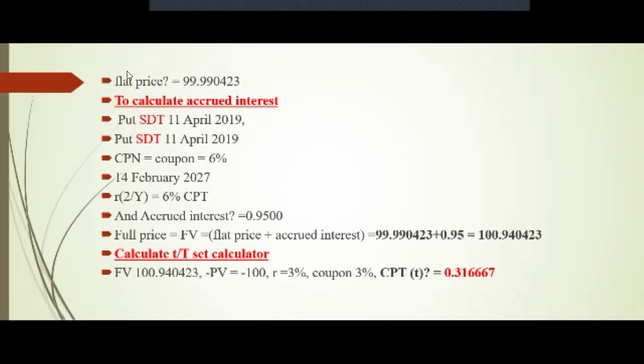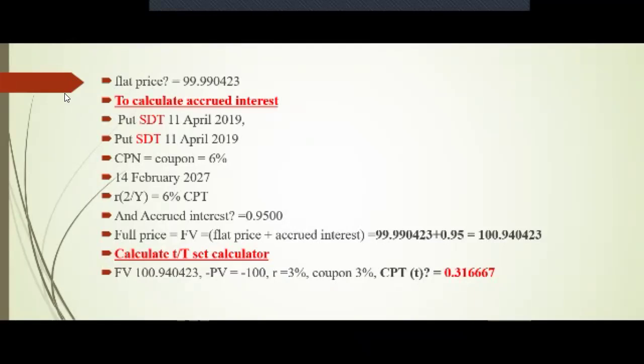So we will set it in the calculator. We will put SDT 11 April 2019, and we will put the coupon as it is. Here we will not divide it because we already set the calculator to 2 divided by y, which means it is semi-annual. So we will put the coupon and interest rate as it is.